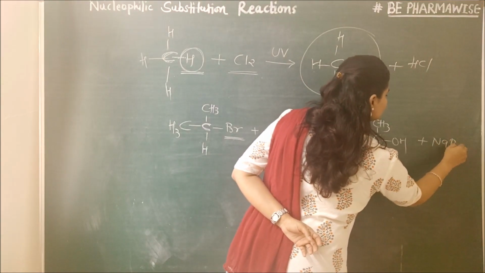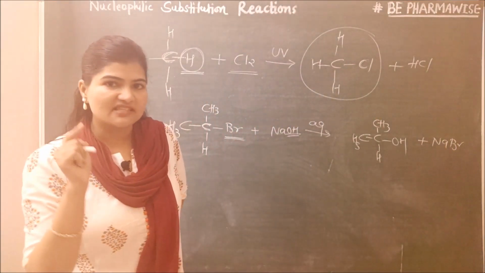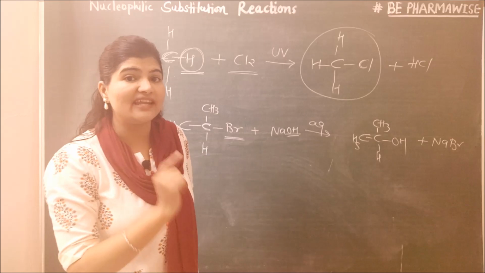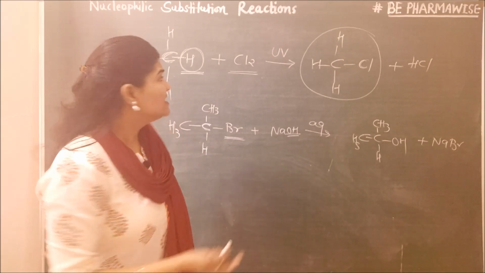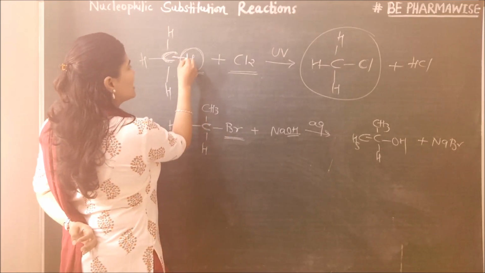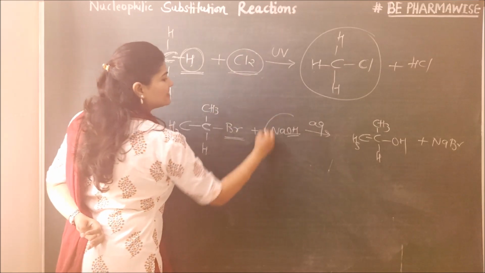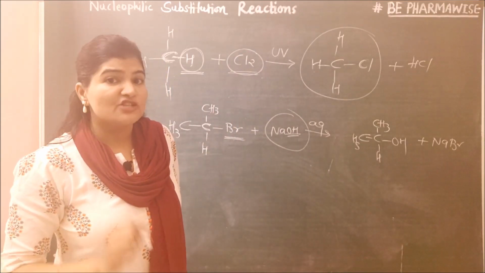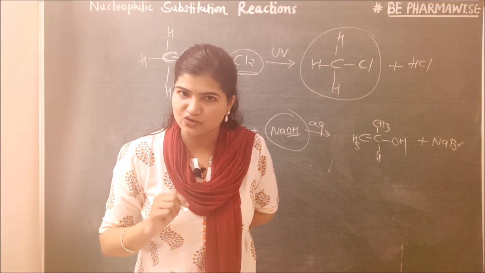So as you can see, this kind of reaction involves the replacement of an atom or a group of atoms which is directly attached to carbon by another atom or group of atoms. Such reactions are called substitution reactions.